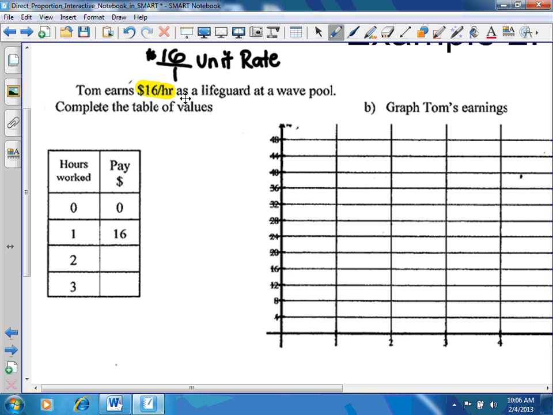If that's the unit rate, then what's our constant then? 16. Yes. So that means the constant equals 16. So if I can figure out my constant, I can figure out the equation. So what's the equation?